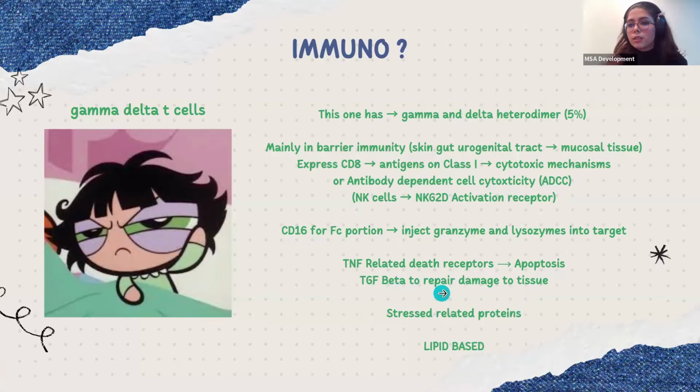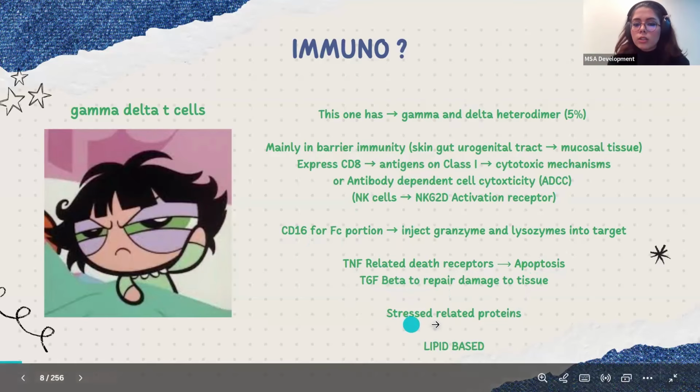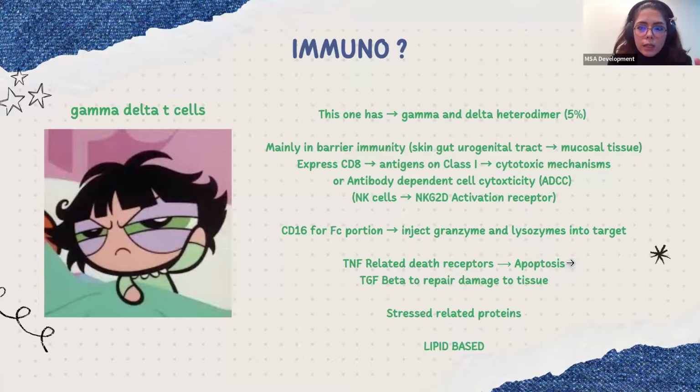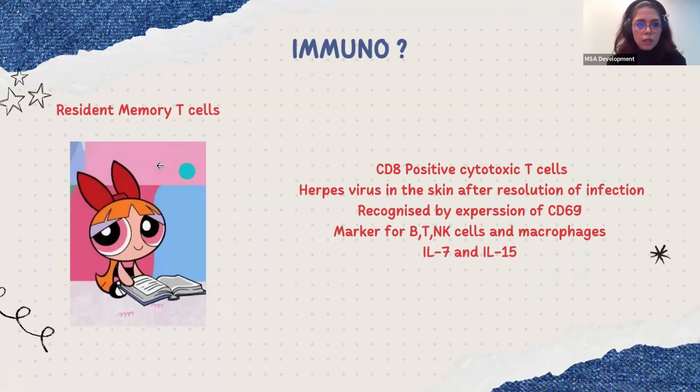TGF beta to repair damaged tissue. There are stress-related proteins involved in this, lipid-based, as mentioned before. I want to say one thing for immuno is that they're not really that focused. However, I felt bad just focusing on whatever was asked about before. So a lot of this is added for completion's sake.